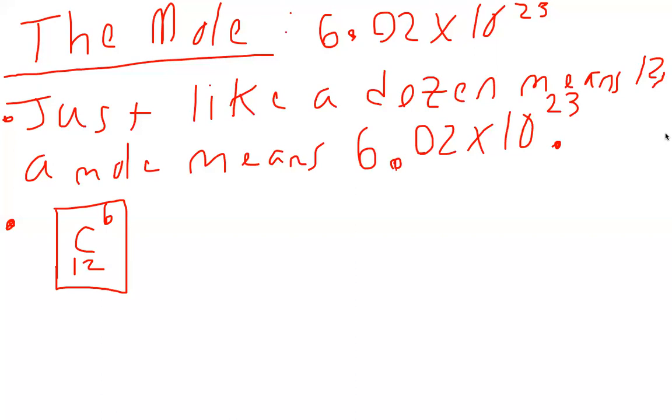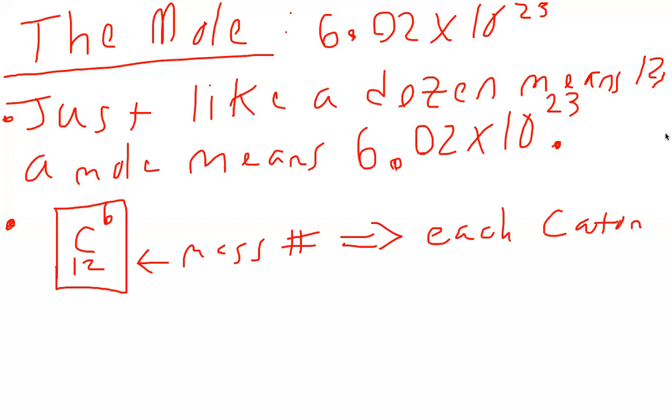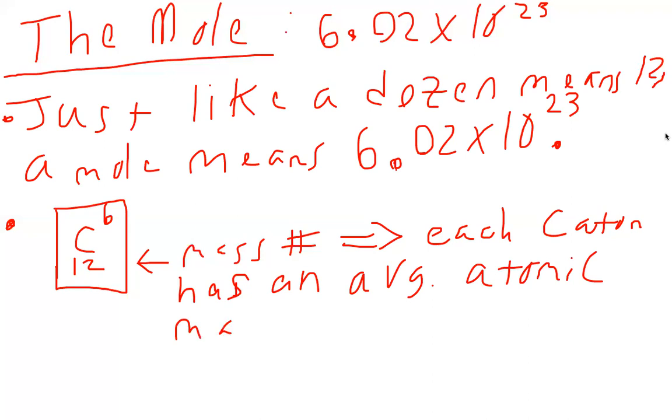That mass number 12 indicates, and I'm going to use a double-tailed arrow, that each carbon atom has an average atomic mass of 12 AMU, where AMU stands for atomic mass unit.